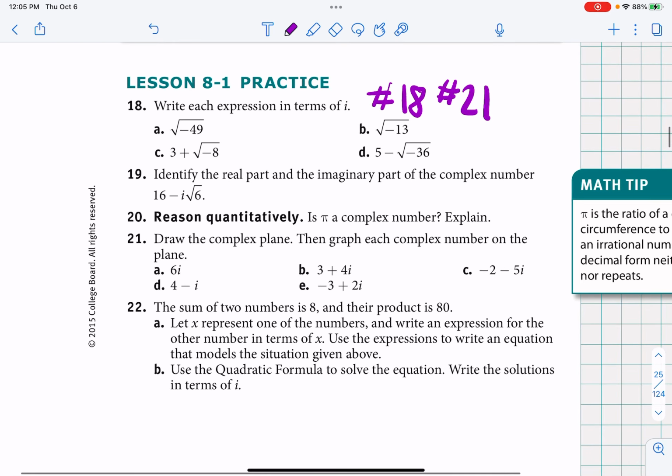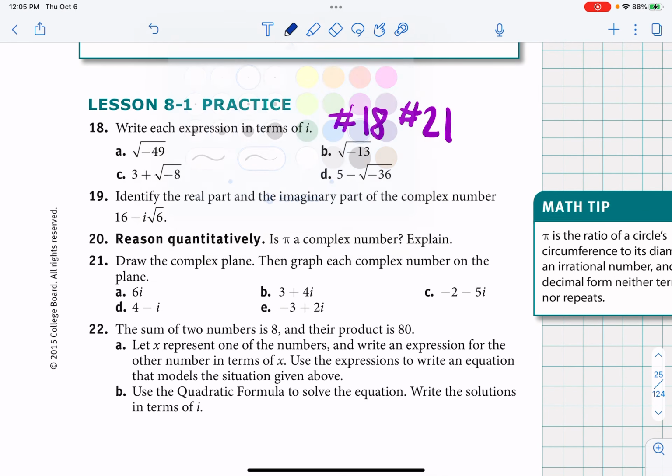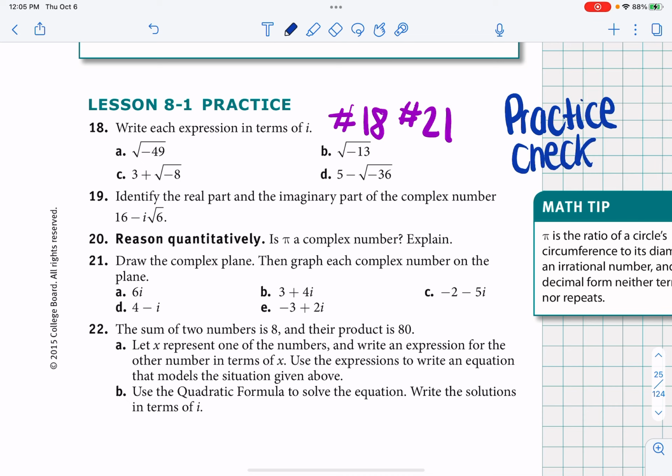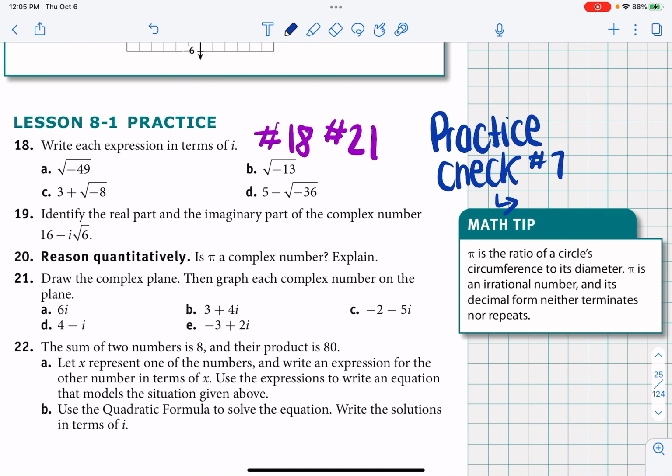But the homework is practice check 7, and it's due on Tuesday. Remember, our quiz is on Tuesday, and I will go over tomorrow what our quiz topics are, okay? So make sure you're working on that. Whatever remaining time in class you have, you can work on practice check 7, but please make sure you're working.